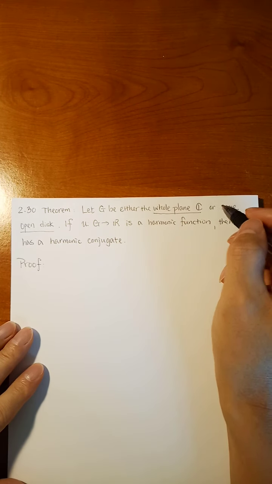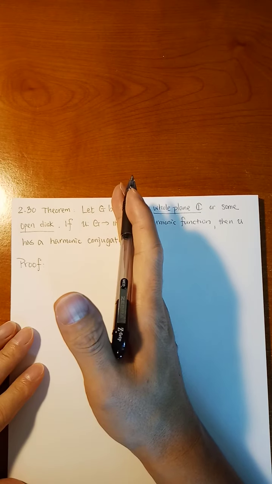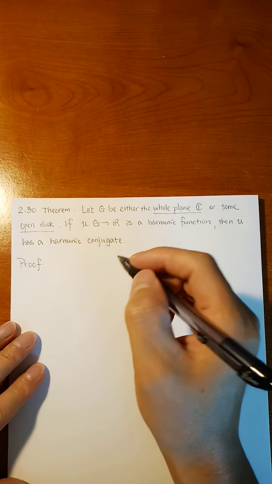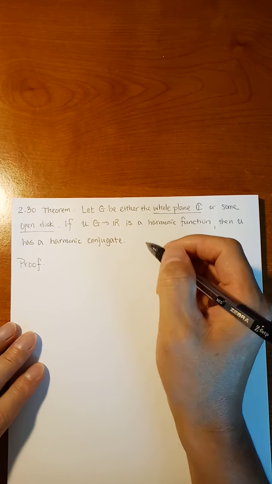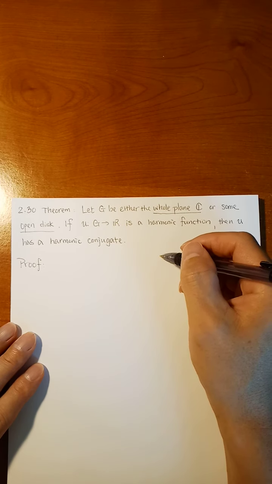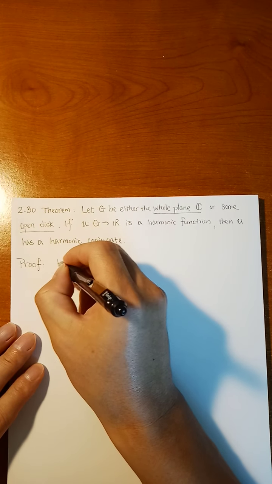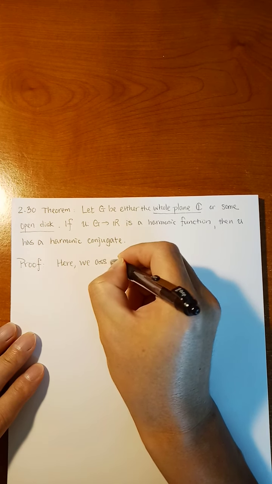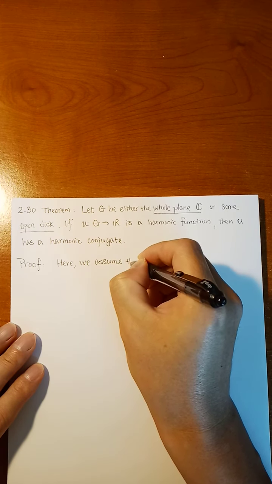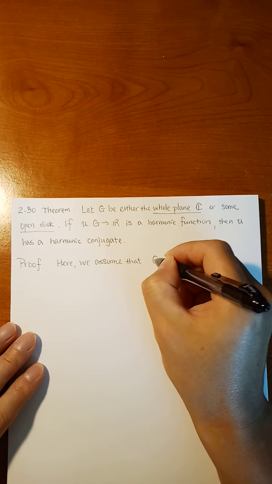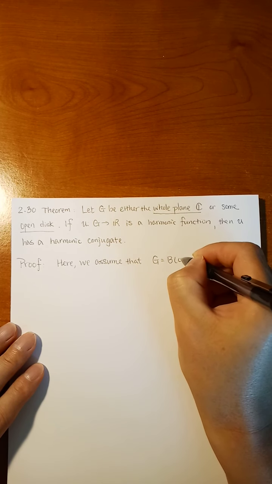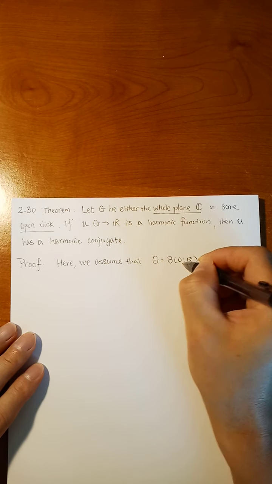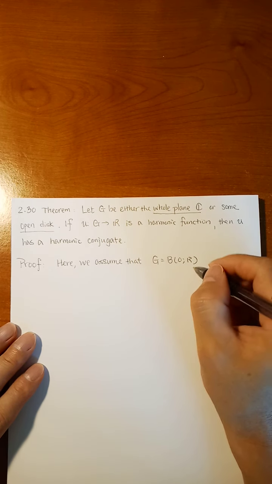The disks, we can shift the disks. By shifting disks, we do not change the harmonic property. So without loss of generality, we assume that G is the open disk centered at the origin with radius r.